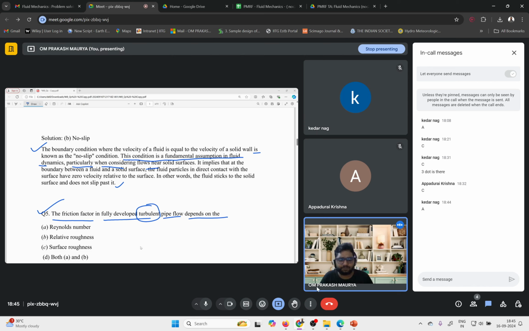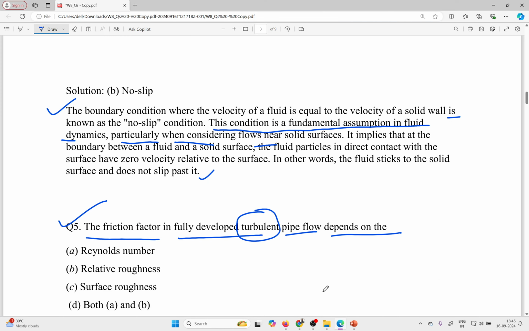Okay, let me discuss. So your formula is like that: 1 by root f, what I was telling previously, equals minus 2 log 10 of (epsilon by d divided by 3.7 plus 2.51 by Re root f).